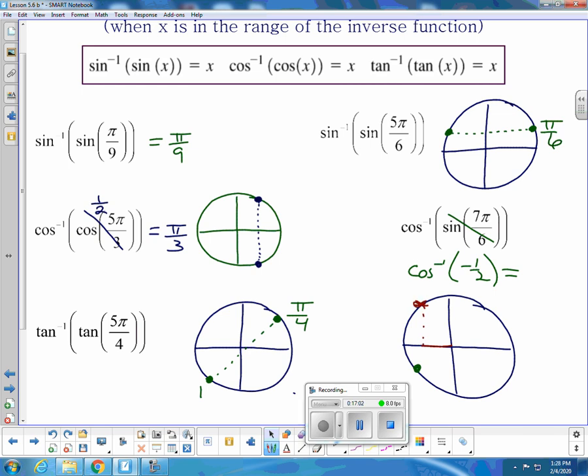That's at the top of the circle. 2 pi over 3. I don't know which part of the circle it's going to be. Sine and tangent are on the right side. Cosine has to be on the top. That's what we talked about.